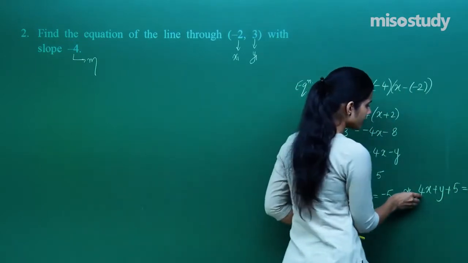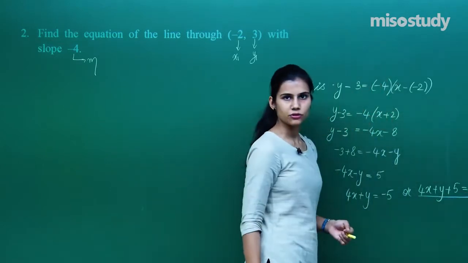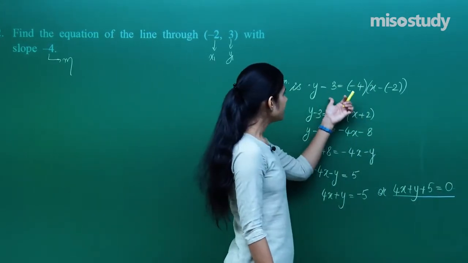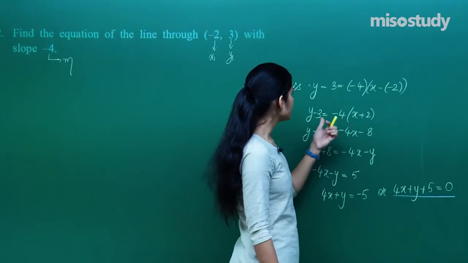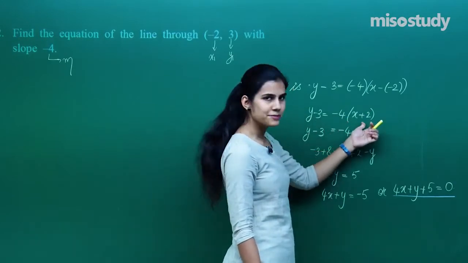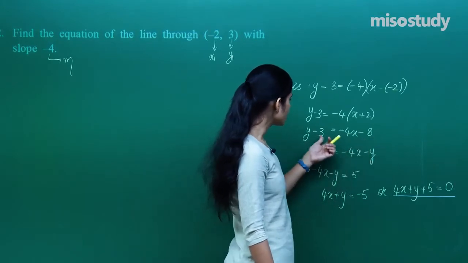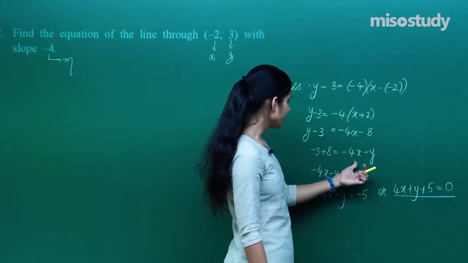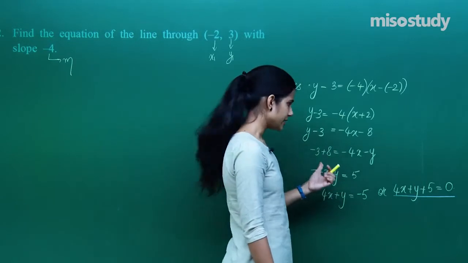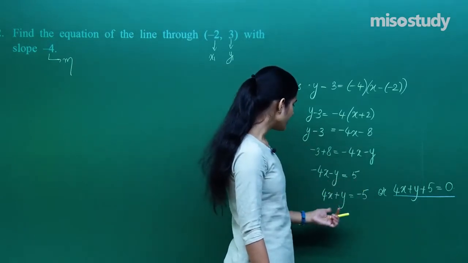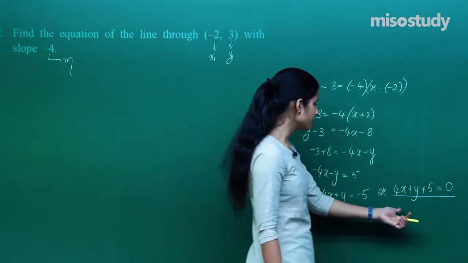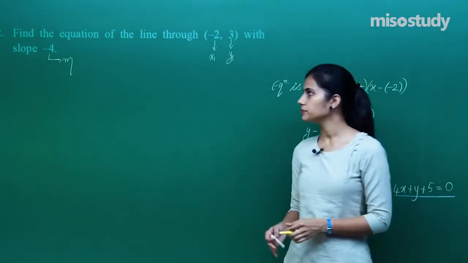It is in the standard form ax plus by plus c equals 0. So y minus 3 equals -4 times (x minus -2), it is y minus 3 equals -4 times (x plus 2), which gives you y minus 3 equals -4x minus 8. So -4x minus y will be -3 plus 8. So -4x minus y equals 5, or 4x plus y equals -5, or 4x plus y plus 5 equals 0.